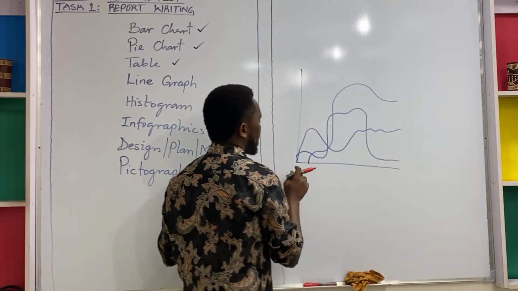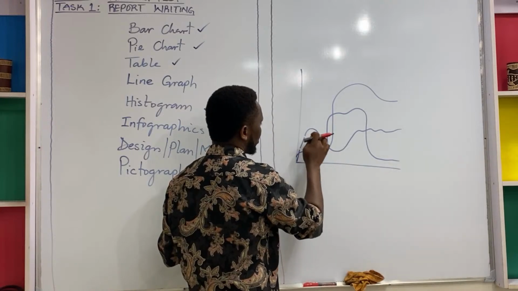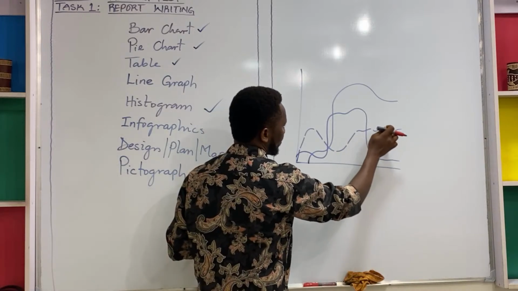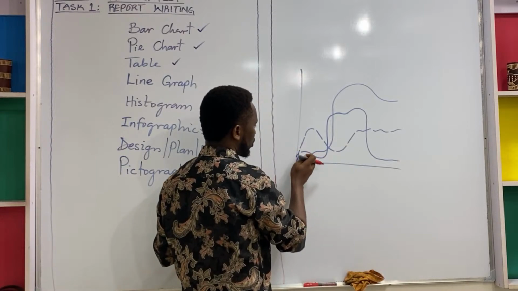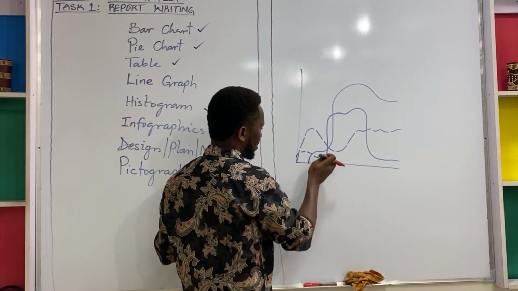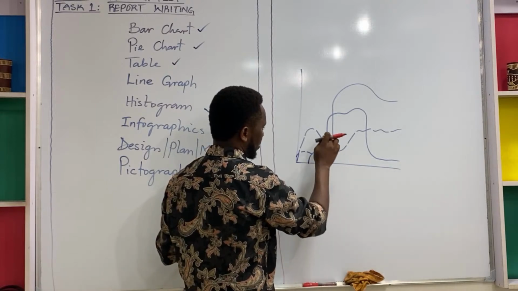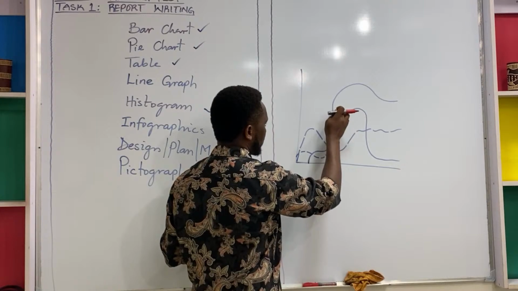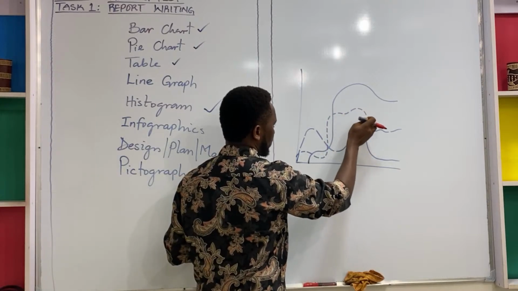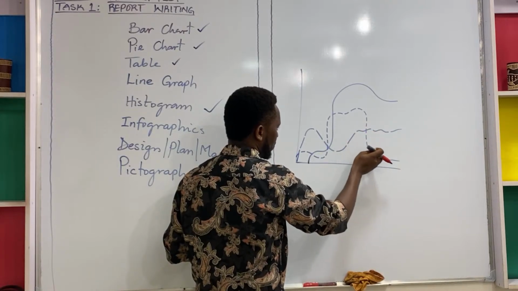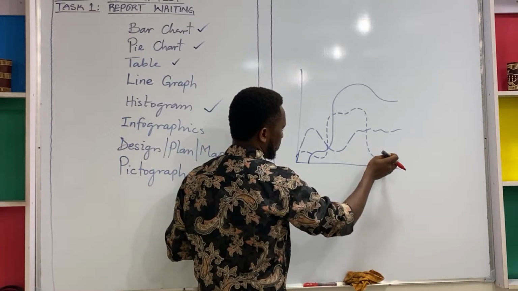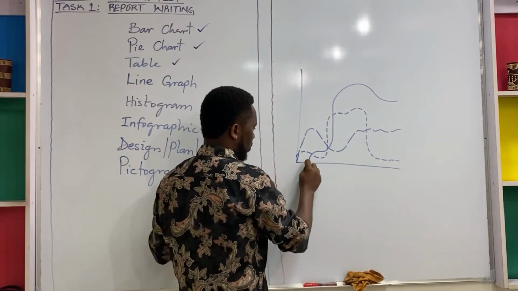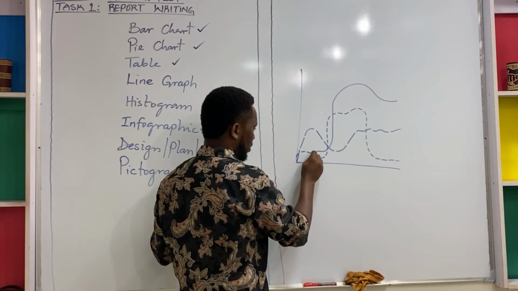The difference would be perhaps this one has long lines, then this one may have shorter lines, and this would have something like dotted lines.